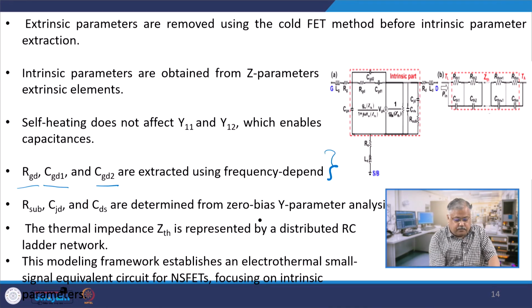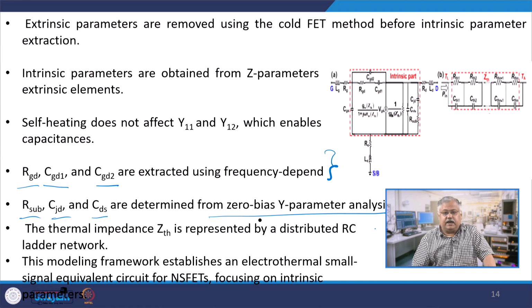Whereas R sub, CGD and CDS can be taken care of from zero bias Y parameter analysis, right? Now, the thermal impedance ZTH is represented by the distributed RC network, as you can see, and the modeling framework establishes the small signal equivalent circuit for NSFET focusing on intrinsic parameters.